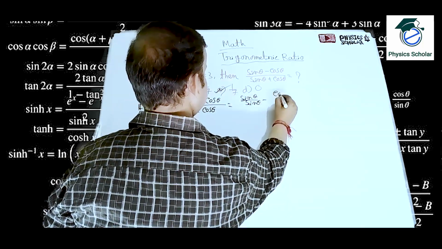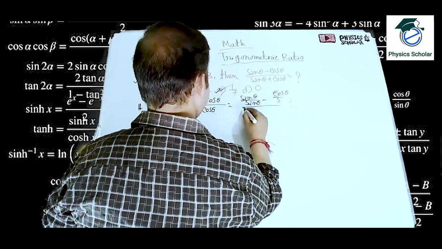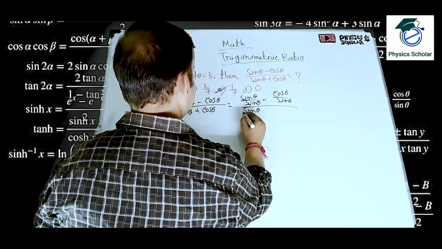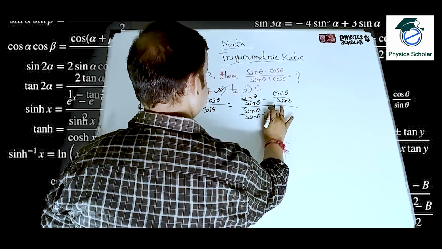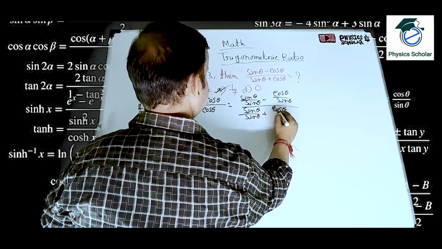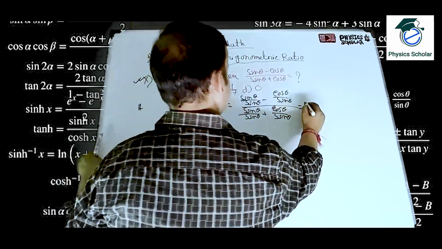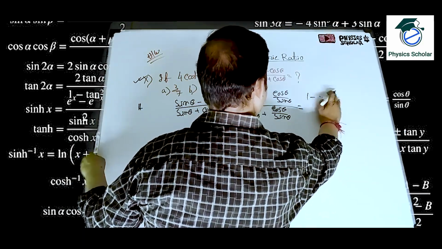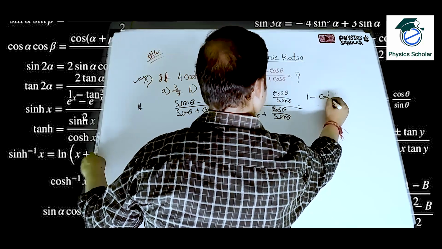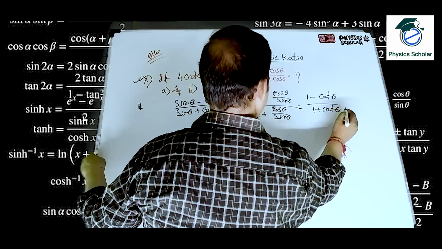Minus cos theta by sin theta, divided by sin theta by sin theta plus cos theta by sin theta, is equal to 1 minus cot theta divided by 1 plus cot theta.